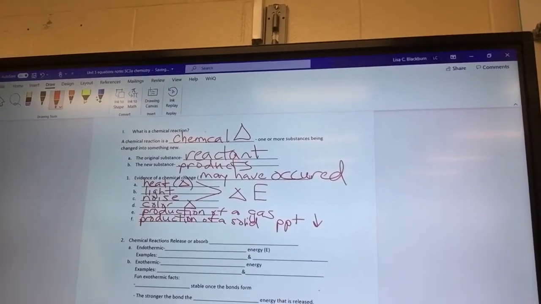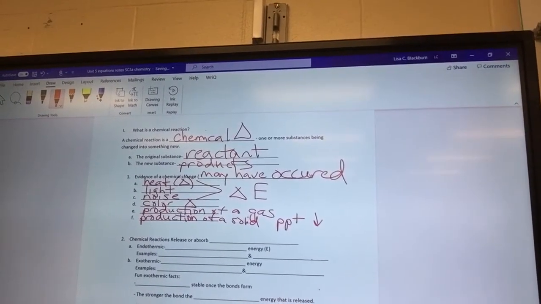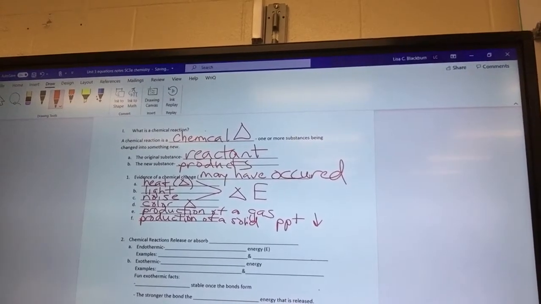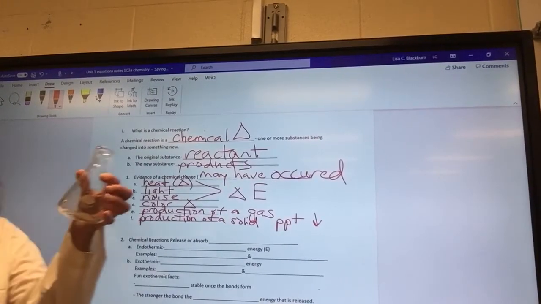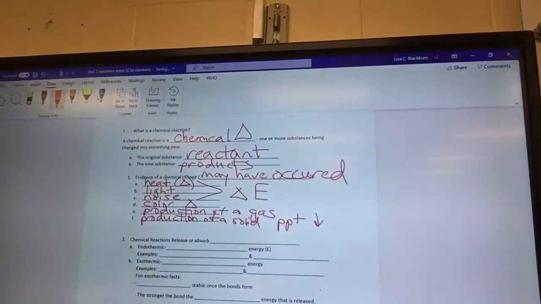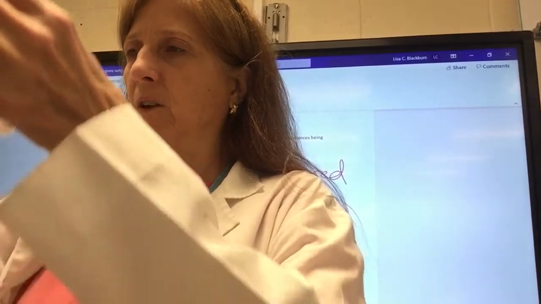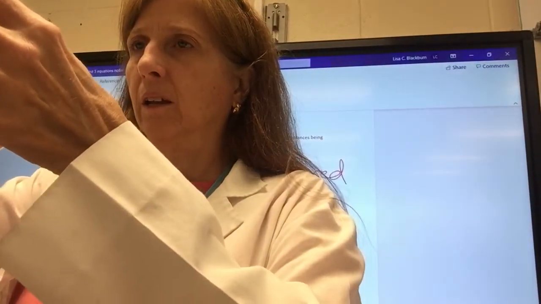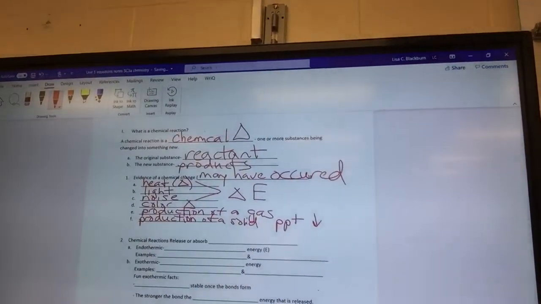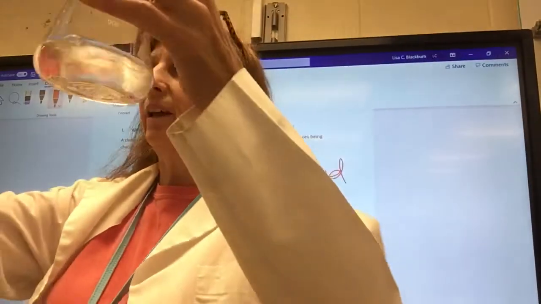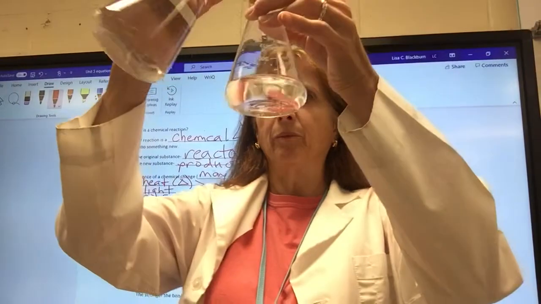I'm going to mix them together, I think, in here. There we go. All right, so I'm going to mix these 2. I'm going to start with the calcium chloride, and I'm going to pour into it the sodium carbonate.